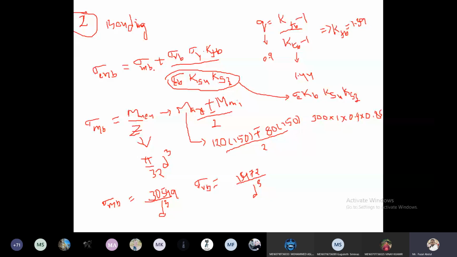Now tell me the equivalent normal stress due to bending. The final value.